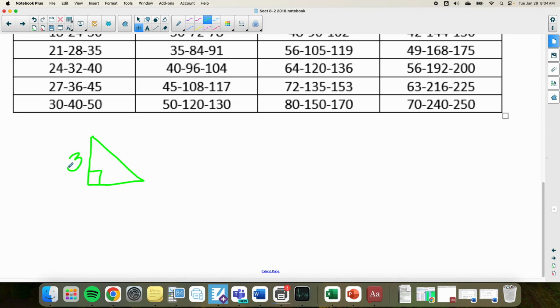The most common right triangle that has whole number sides is a 3, 4, 5. So if you took 3 squared plus 4 squared, that would equal 5 squared, okay?